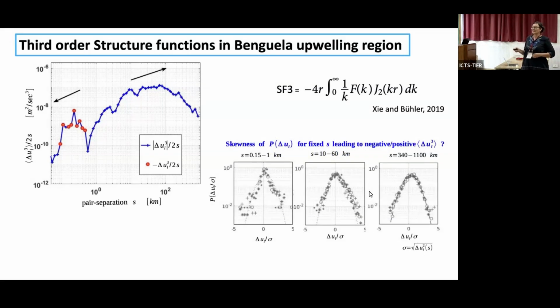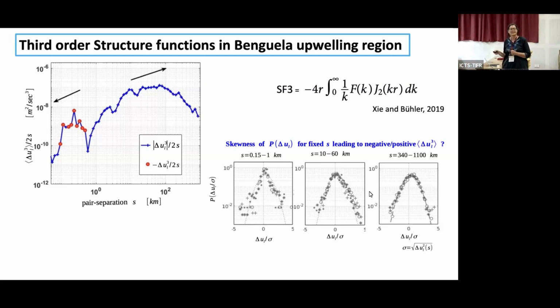Okay, now I'm going into a field where I'm not an expert, but I'm showing you the results. We can look at some PDFs. My understanding is, if you have a non-zero third-order structure function, then you need to have some form of skewness in the PDFs of your velocity difference.